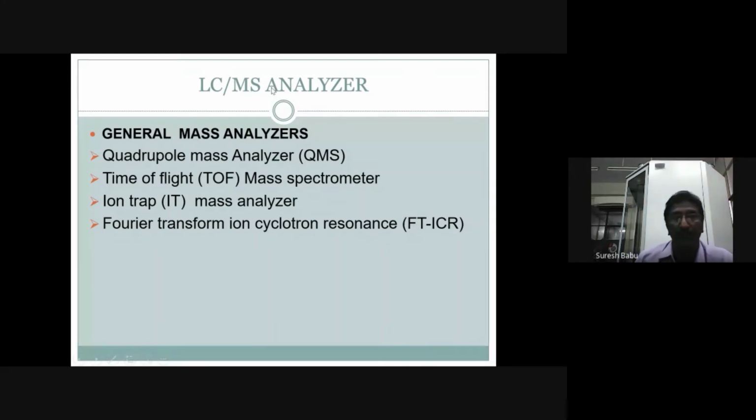For that we need mass analyzers. Generally used mass analyzers are the quadrupole mass analyzer, time of flight mass analyzer, then ion trap analyzer, and the Fourier transform ion cyclotron resonance.